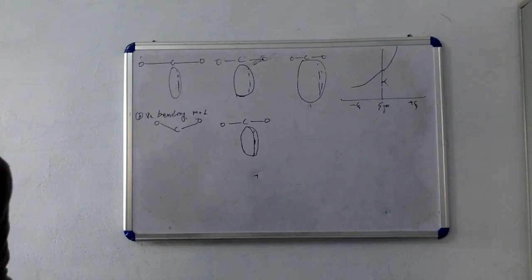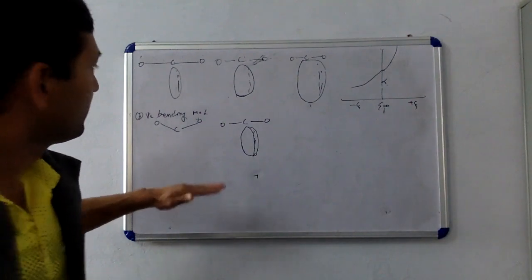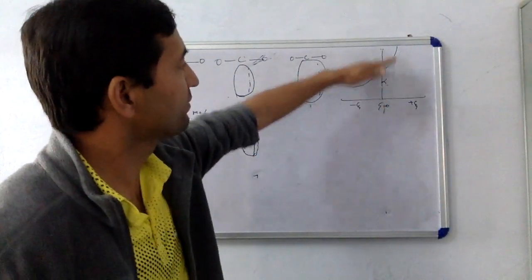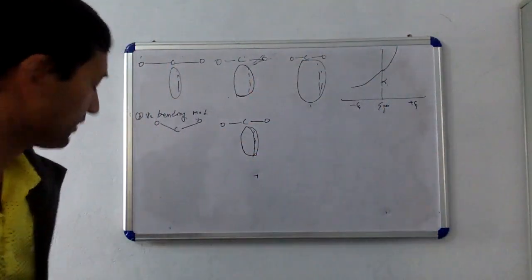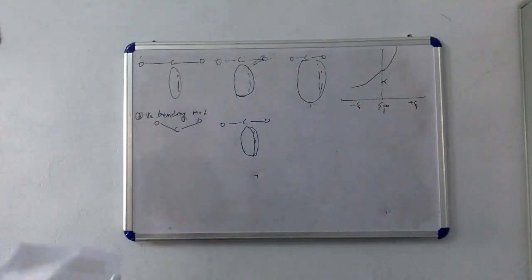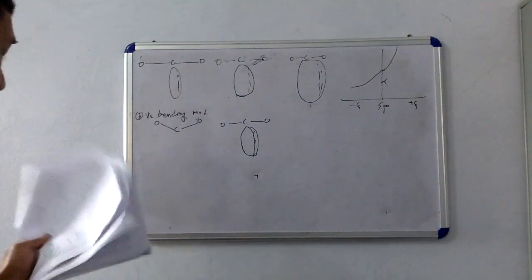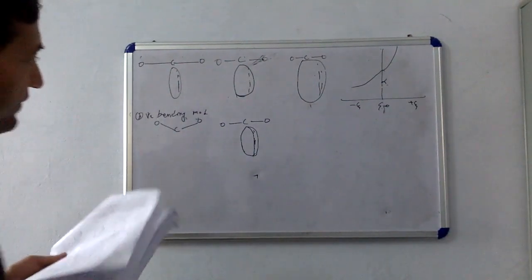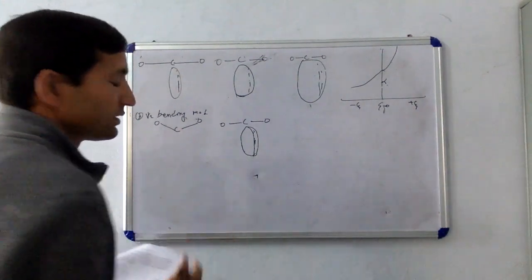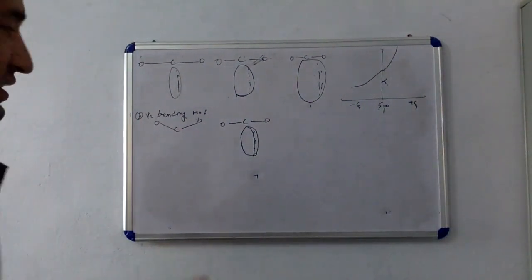So upward, I'm representing this as positive one, and the downward as negative one. If I plot this, the shape of the ellipse will be changing.